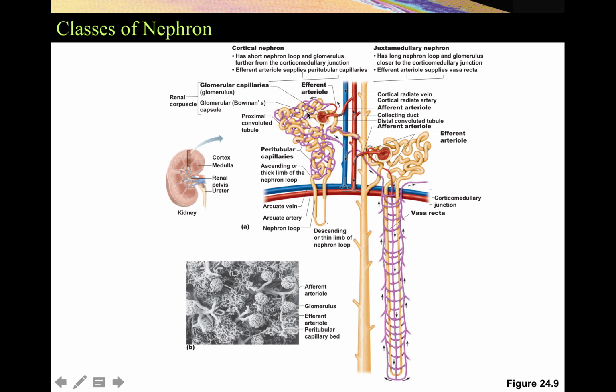This capillary network around the nephron tubules of your cortical nephron is referred to as the peritubular capillaries, while the network of capillaries around the juxtamedullary nephron is much more structured and referred to as vasa recta, and they're extremely important in ensuring the formation of that concentrated urine I mentioned earlier.